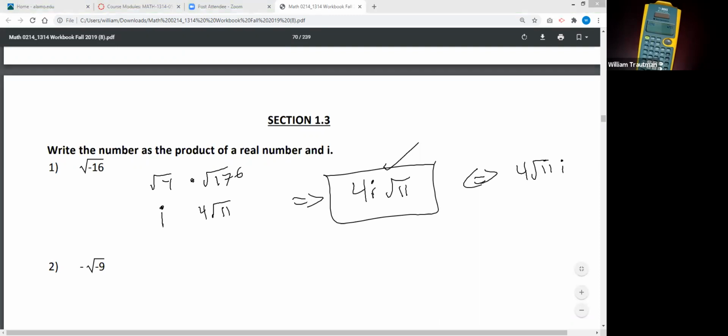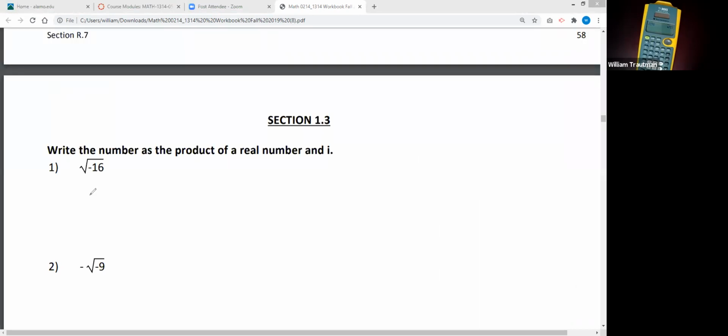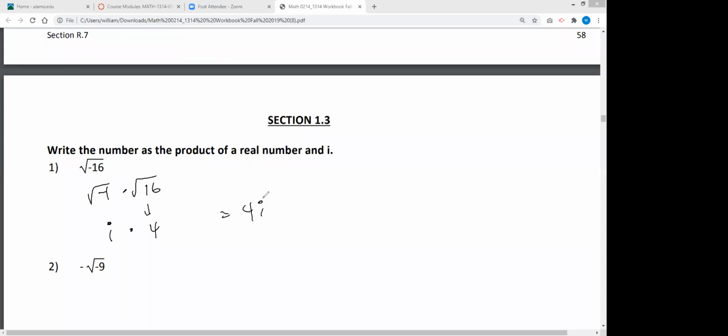The square root of 16. This is the square root of -1 times the square root of 16. The square root of 16 is 4. Do you see, there's no square root anymore. So this is just 4i. Okay. The number comes in front of the letter. There's no square root anymore.